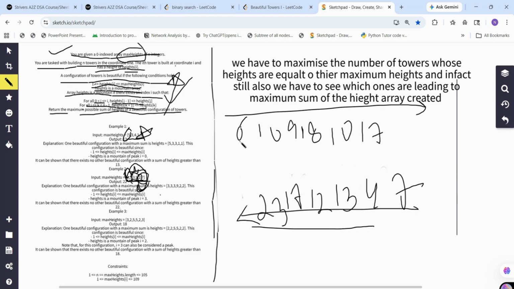So what I want is the maximum height sum possible. Okay, so if I see that here the sum is 29 and minus 6, which is equal to 23 only.